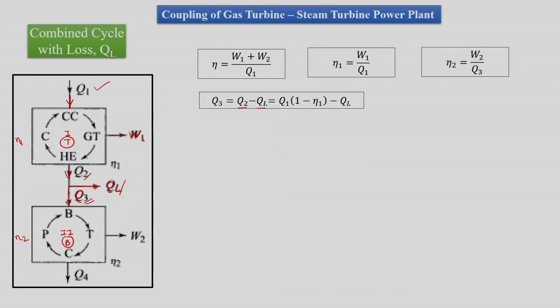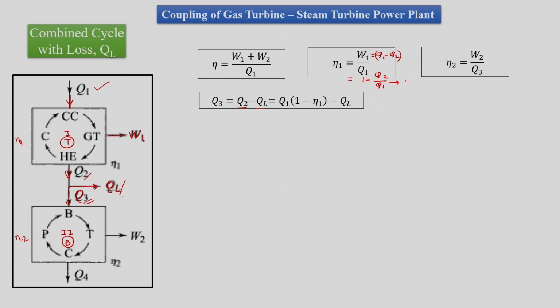So this is Q2, since we know that W1 is equal to Q1 minus Q2, or eta 1 is equal to 1 minus Q2 upon Q1.